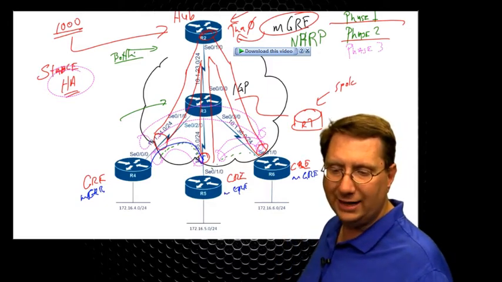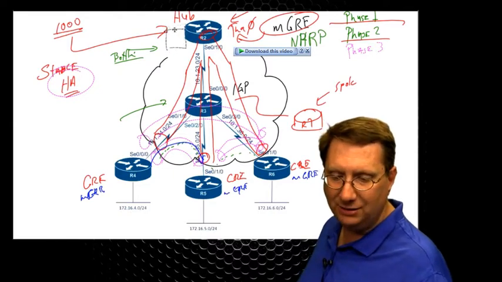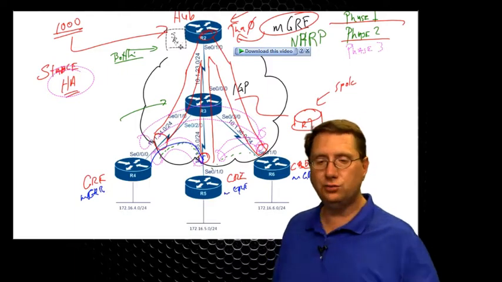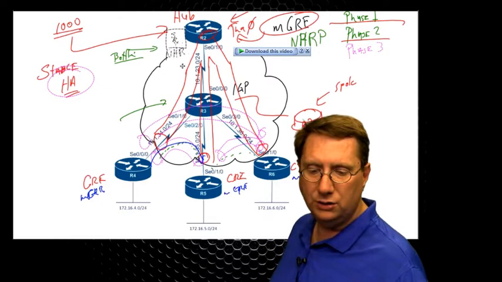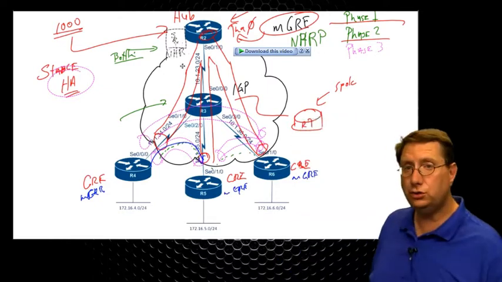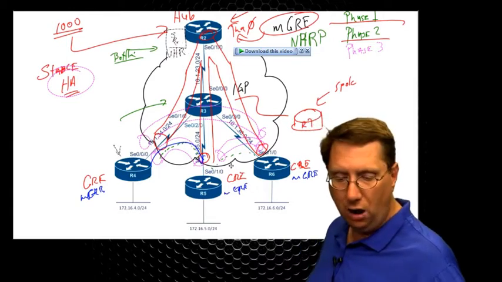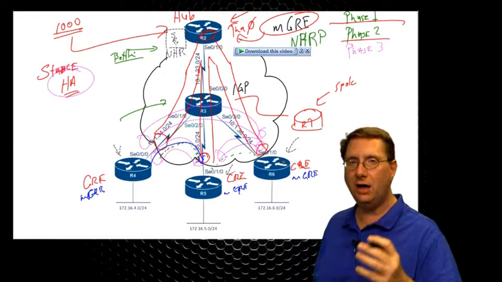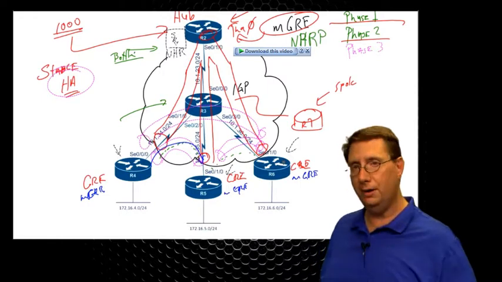In the context of R2, think of the fact that I have a little server running here. This server is referred to as an NHRP server, a next hop resolution server. Our individual spokes are going to be statically configured with the identity of the hub. They're going to know where the NHRP server is.